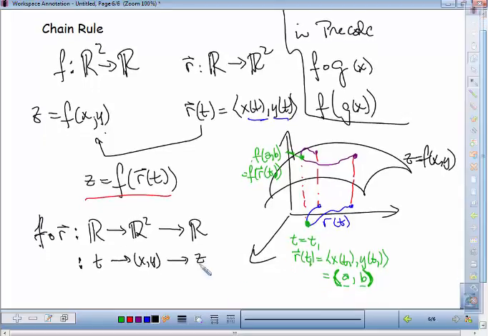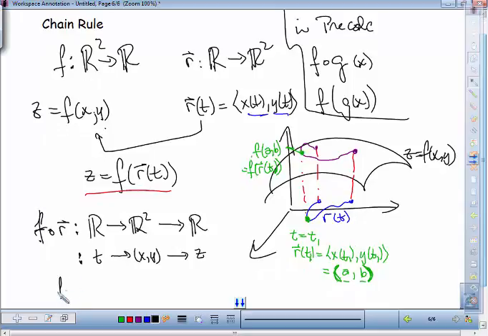So essentially, if we eliminate the middleman, this really is a function from R to R, which is a function that we know of from Calc 1, pre-calculus.